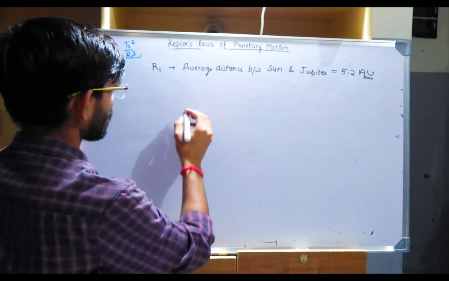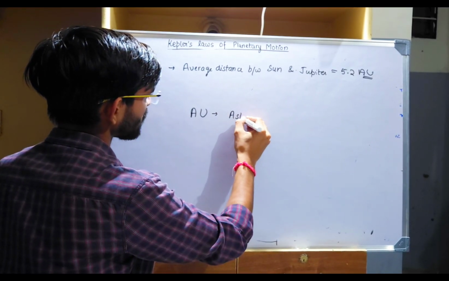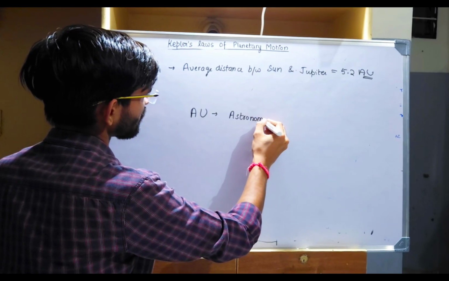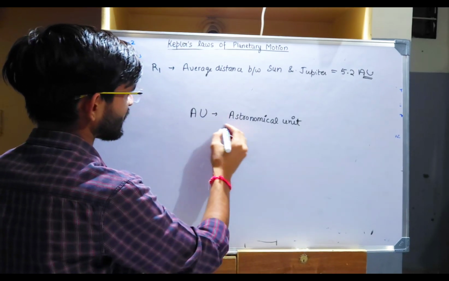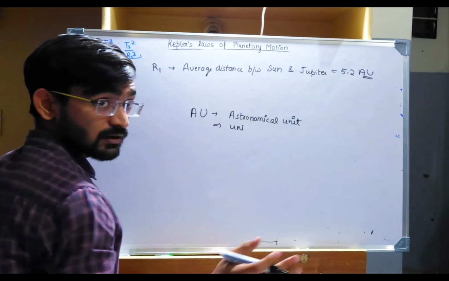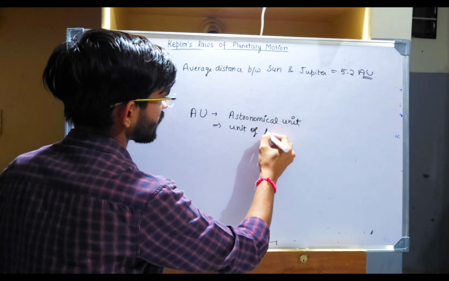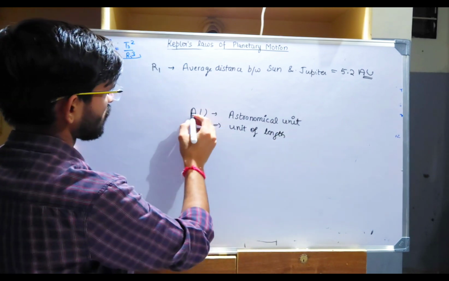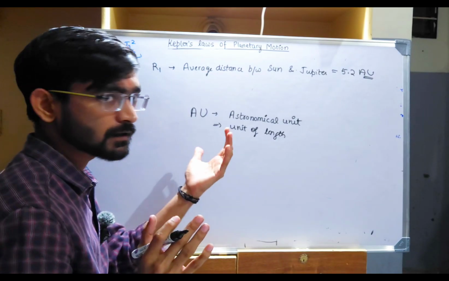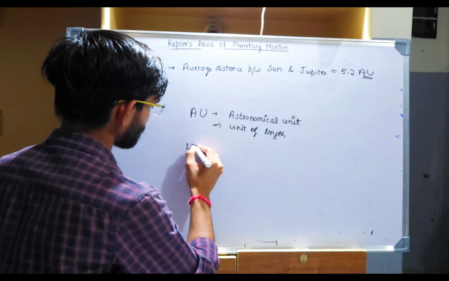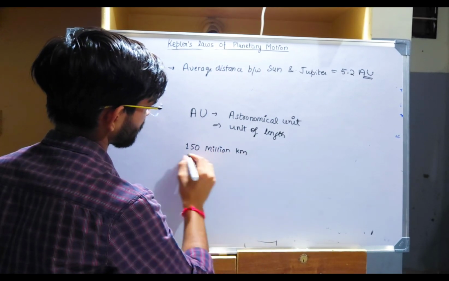What is this AU? First, I have to explain AU. AU is the astronomical unit, and it is a unit of length, like meter, kilometer, centimeter, millimeter. Why do we need this unit? Because if you try to find the distance between the Sun and the Earth, its value comes around 150 million kilometers.